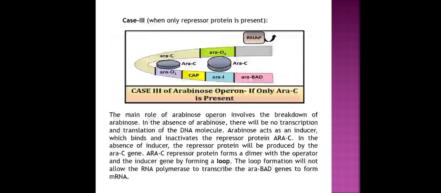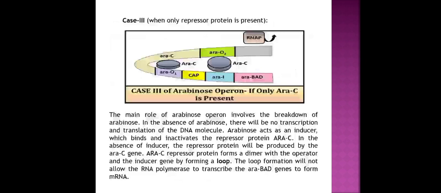Now case 3 is when only repressor protein is present. The main role of the Arabinose operon involves the breakdown of Arabinose. In the absence of Arabinose there will be no transcription and translation of this operon. The Arabinose acts as an inducer which binds and inactivates the repressor protein. As here we can say that there is only the presence of araC and the absence of inducer.